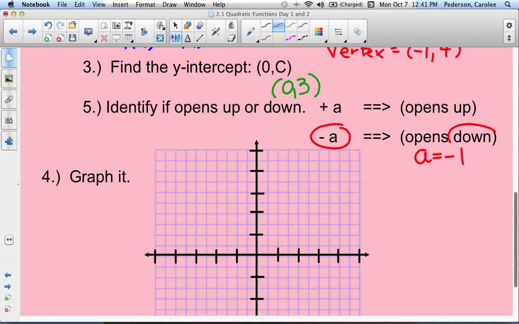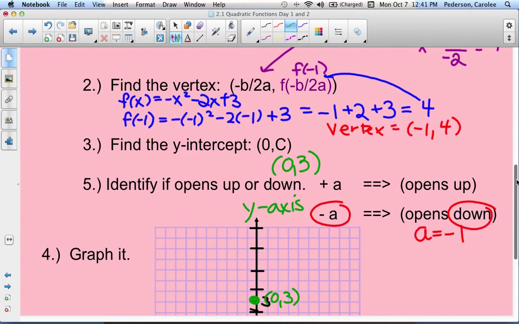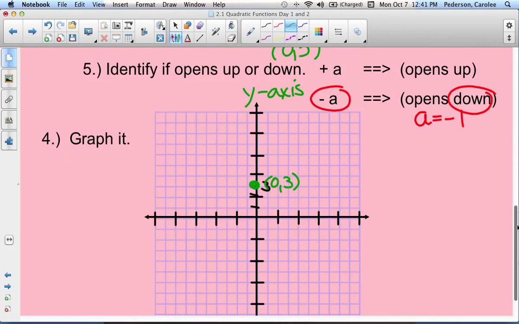And now let's graph it all together. So we'll start with the y-intercept. So we go on the y-axis. Our y-intercept was over 0, up 3. Our vertex is negative 1, 4.